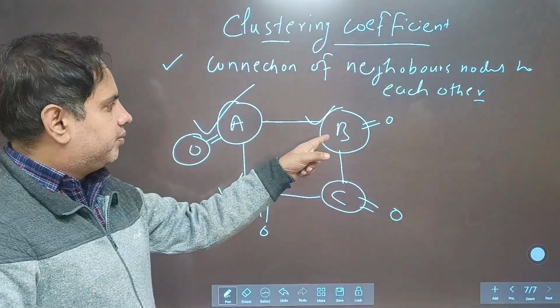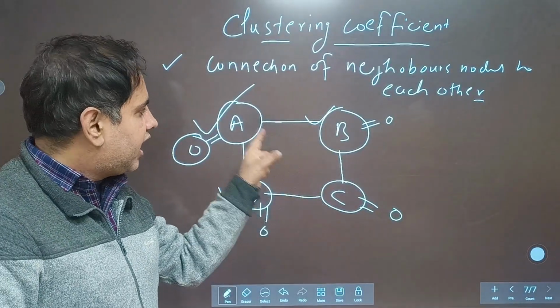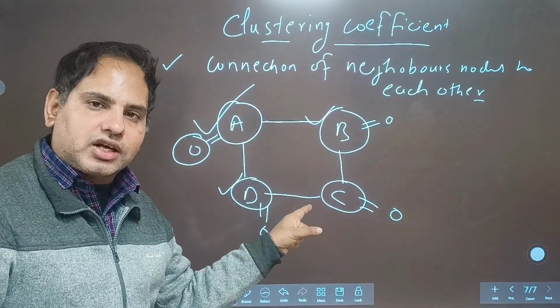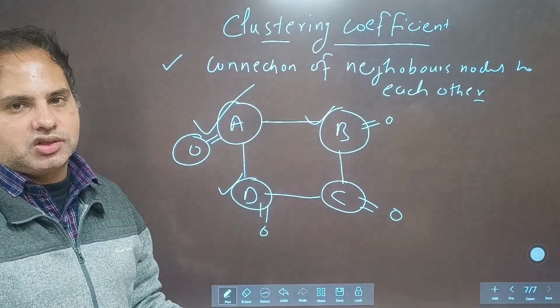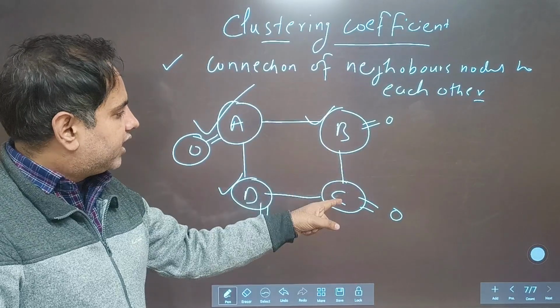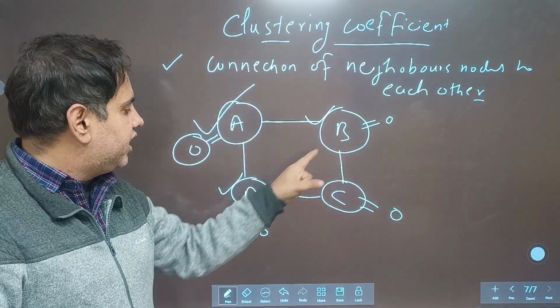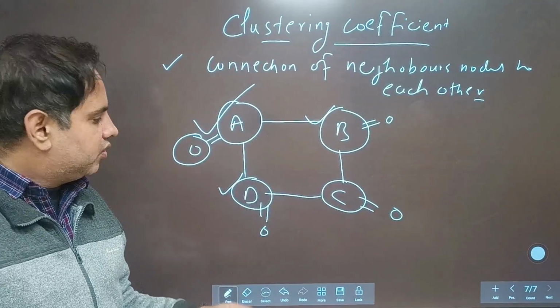Now comes B. The neighbors of B are A and C. Are A and C connected to each other? No. So the clustering coefficient is 0. For C, the neighbors are B and D. Are B and D connected with each other? No. So it is 0.